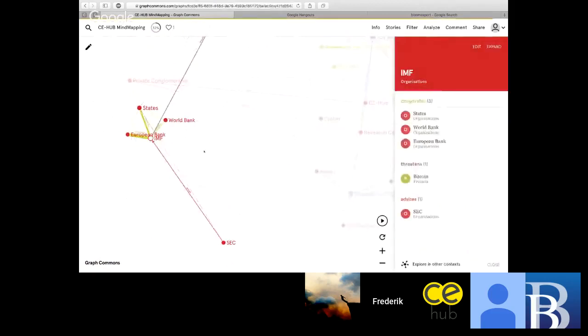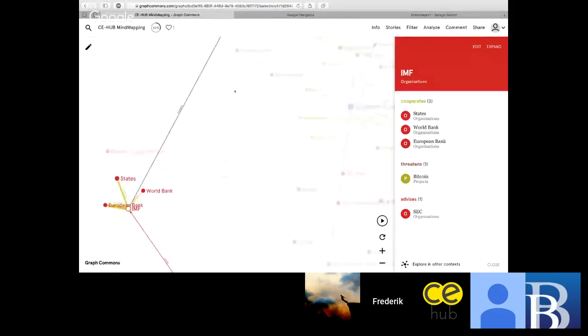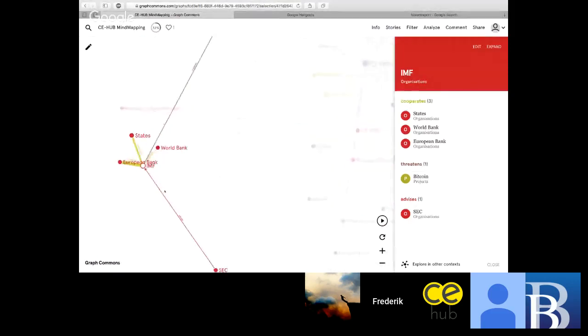As an example, let's take this one. Here we have several types of organizations, so states, World Bank, European Bank, that threaten, so we can create relations towards another element, which here is Bitcoin. So all of those threaten Bitcoin or are threatened by Bitcoin. The relation or correlation is a debate in itself, I think.